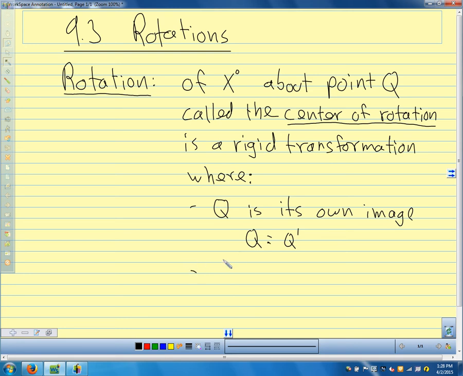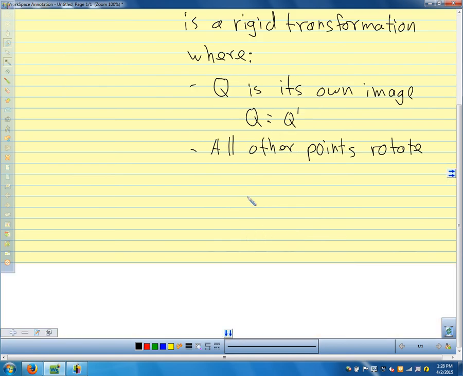And then all the other points rotate through the same angle. So all the other points rotate x degrees, and they stay the same distance away from the center.